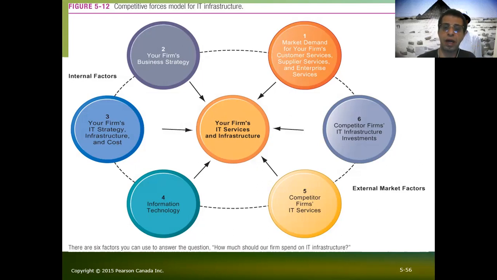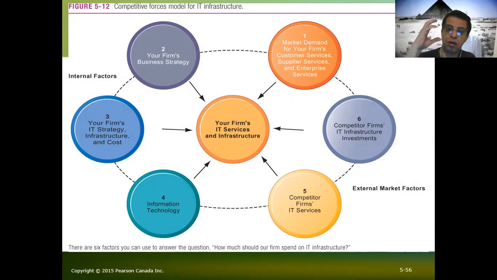Then we need to look at your firm's business strategy. So, what's the strategy, how to reach the goals, and all these things. The third thing we want to look at, which influences the firm, is the firm's IT strategy.